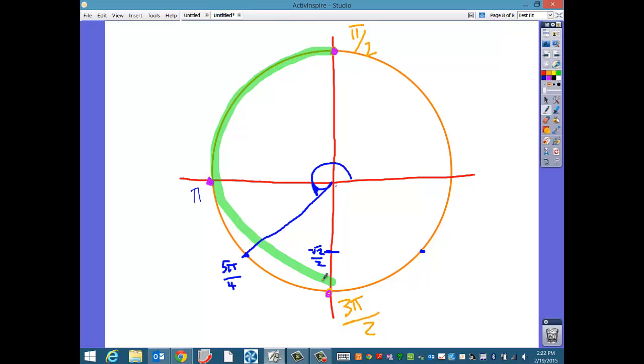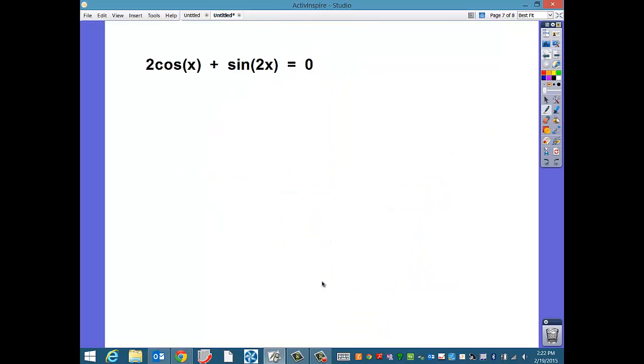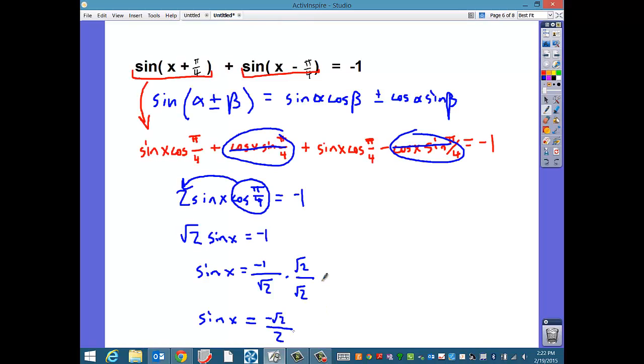And this one here, okay, so all the way around is 7 pi over 4. Yes. So these are the two angles that are between 0 and 2 pi and solve my equation. So I'm going to say x is this one and this one. And then I add 2 pi k to get the full set of coterminal solutions.